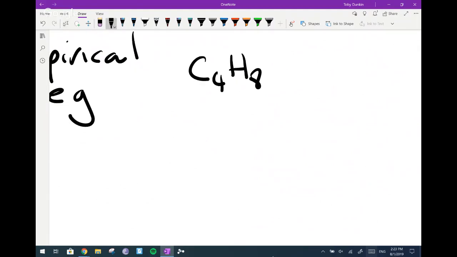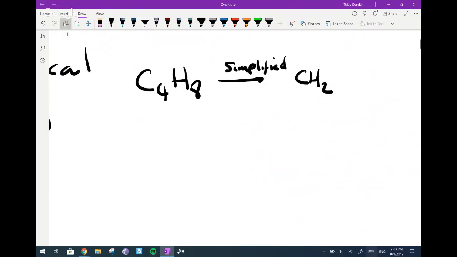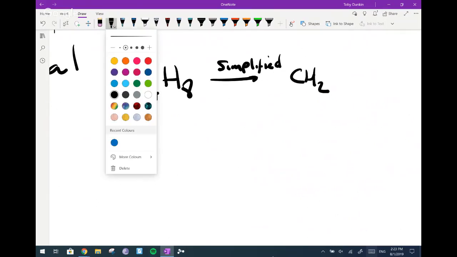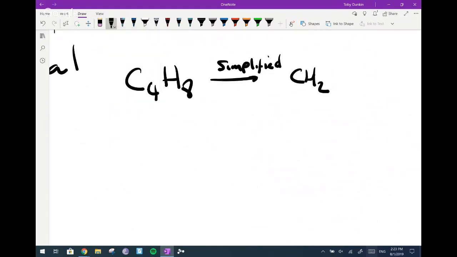So that can be simplified. We know that I can simplify this. This could be simplified down to CH2. And this is just a mathematical trick. This is just simply realizing that the subscript numbers of those 2 numbers can be divided by 4 as a total. And I can simplify them all down to the simplest.